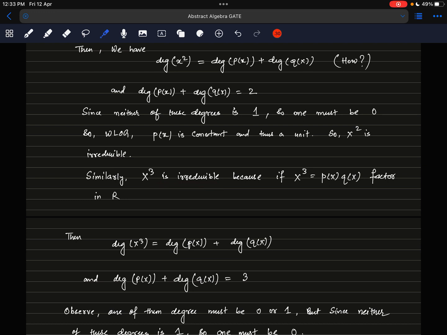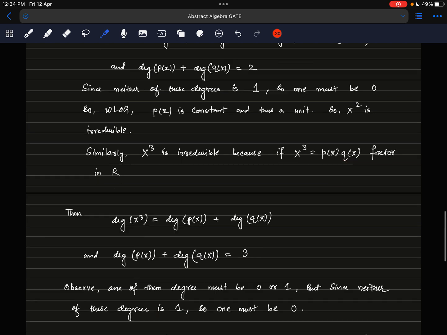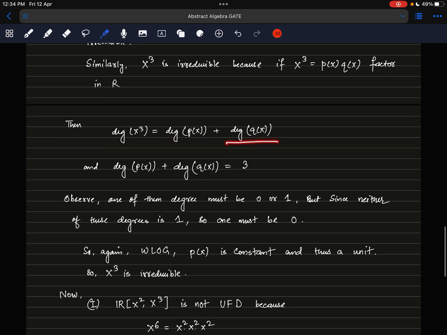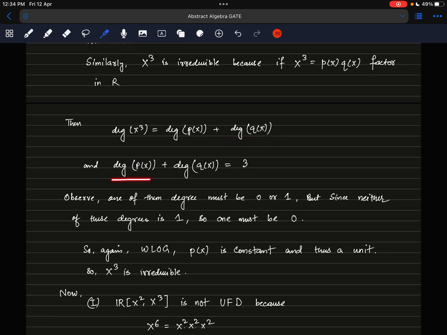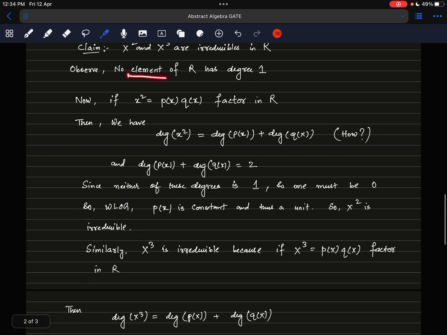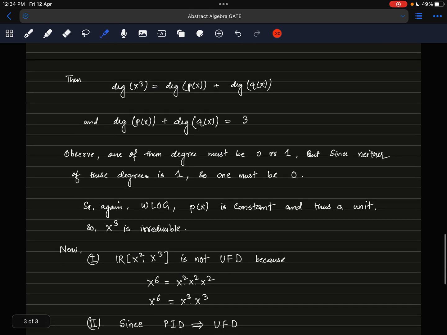How? If we express x cube as a product of two polynomials, p(x) and q(x), which factor in R, then degree of x cube equals degree of p(x) plus degree of q(x), and thus the sum is 3. Here no element of R has degree 1, so one of the degrees must be 0.